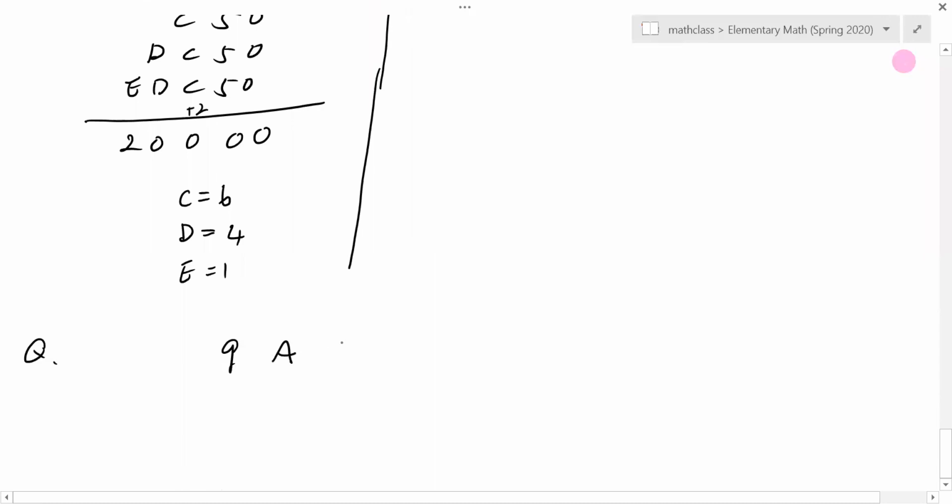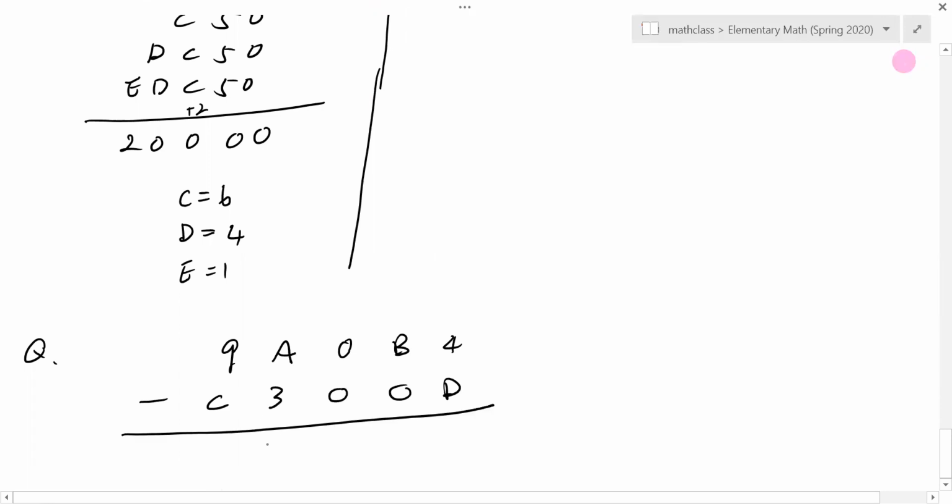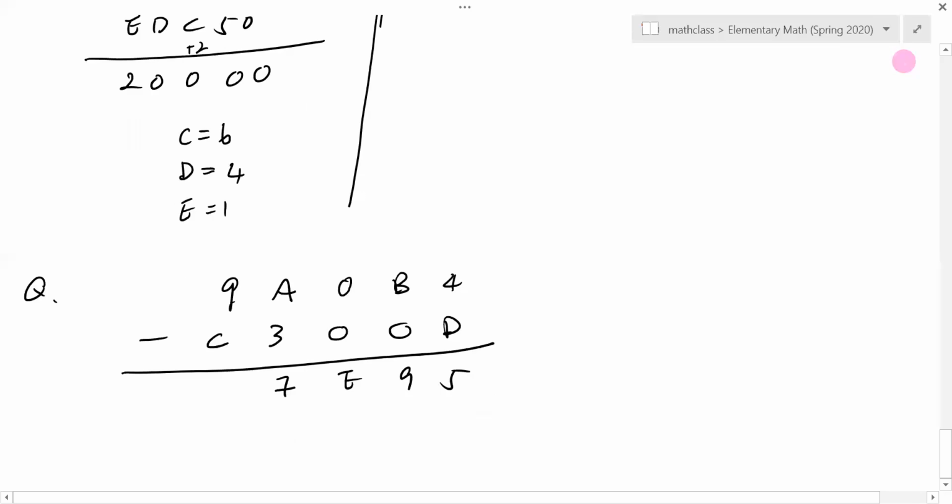9A0B4 minus C300D equals 7E95. Now I told you before, if you have a subtraction, you can change it to an addition. Okay, that makes it easier.